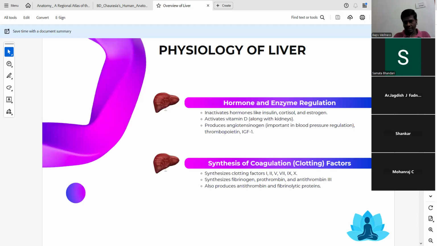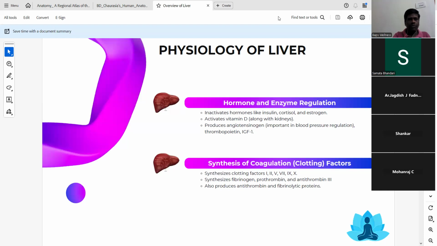Norepinephrine, epinephrine and cortisol. So the adrenals are producing the adrenaline. Adrenaline is a cortisol hormone. So thereby the liver is influencing the kidneys also.